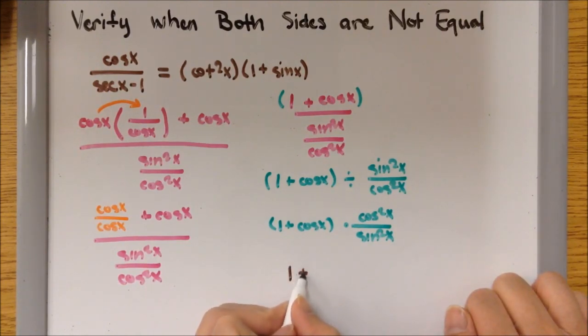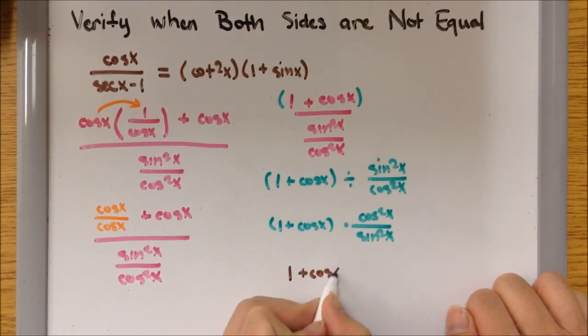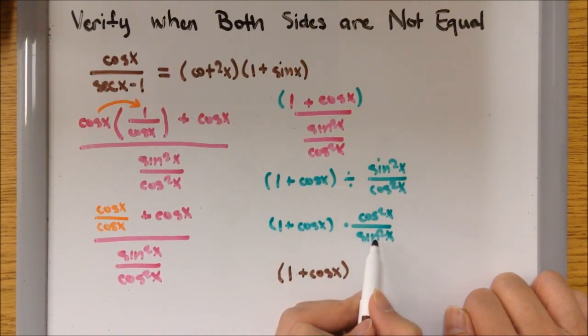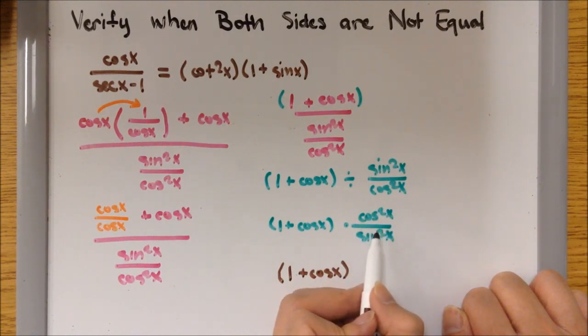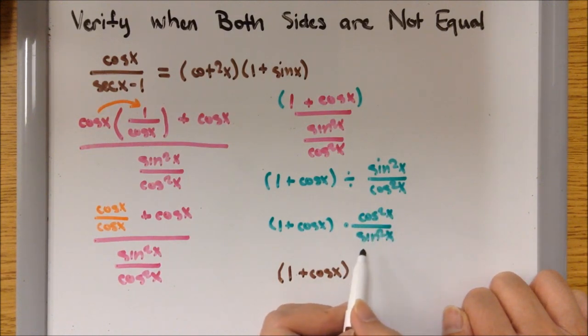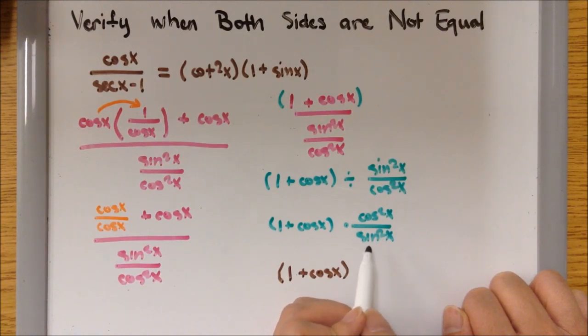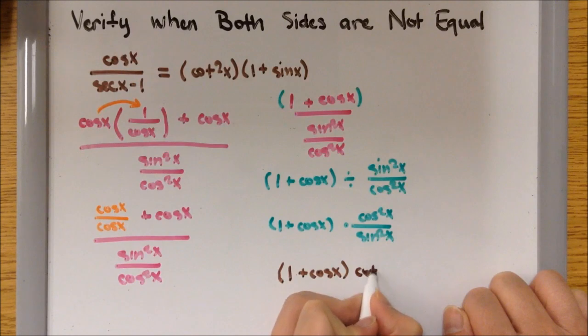Nothing I can do to simplify. Now here, I can apply an identity to simplify this fraction, so that way we don't have a fraction in our answer. I'm going to apply the quotient identity. So for cosine square x over sine square x, the quotient identity for this one is cotangent square x.